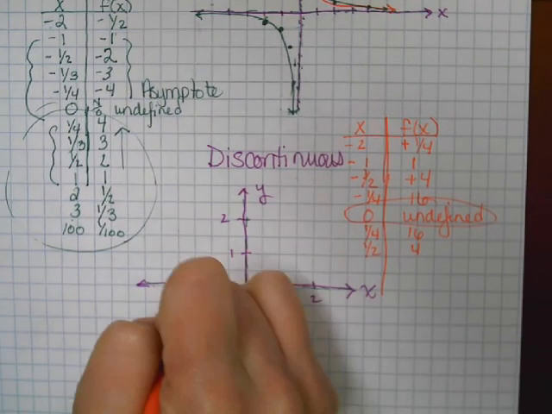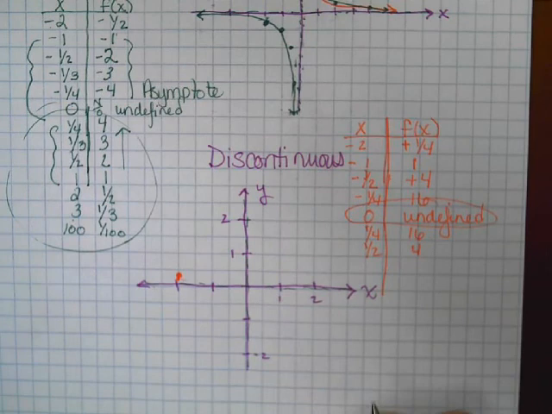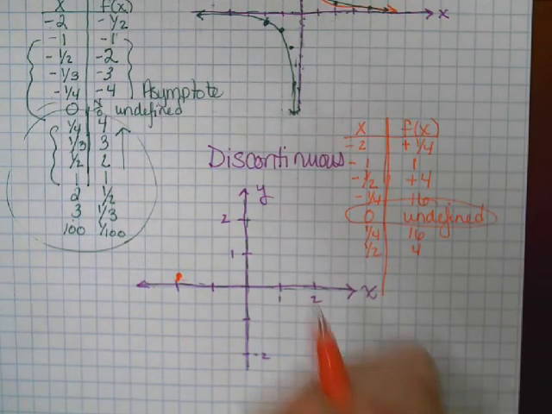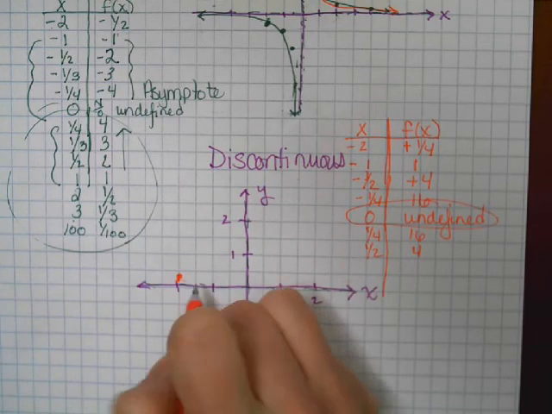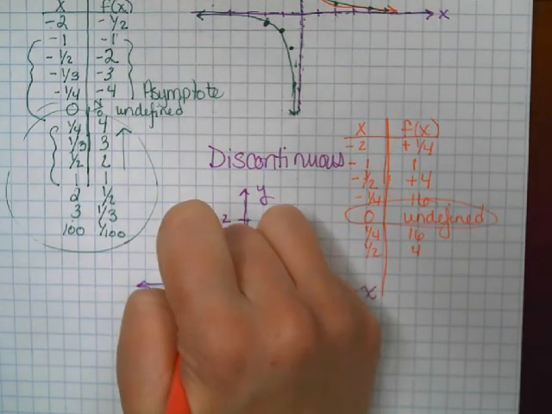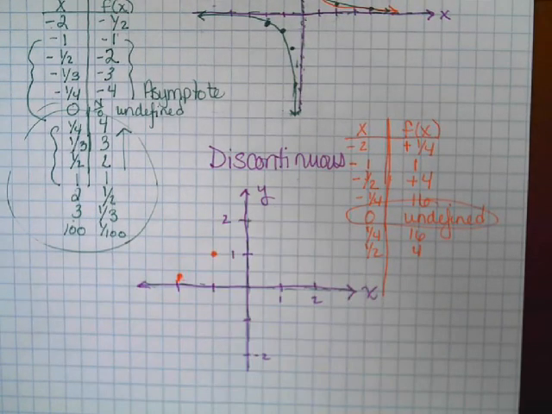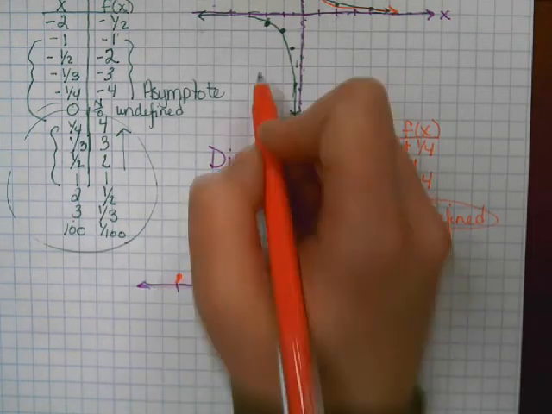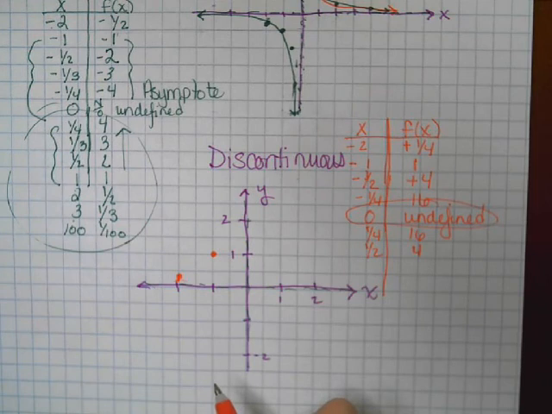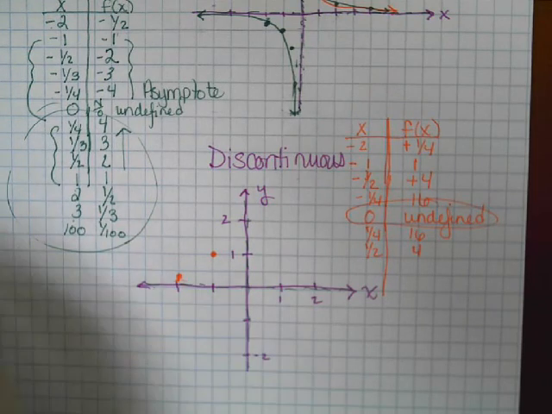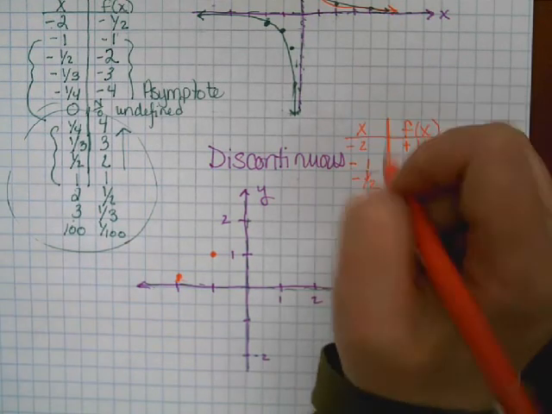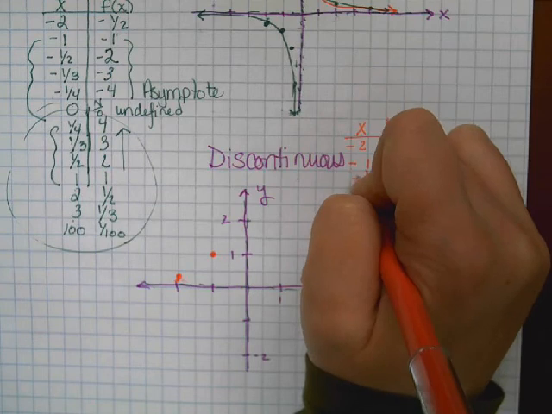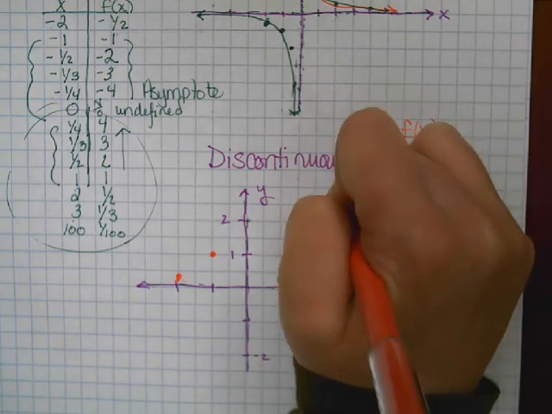When x was negative 2, y was positive 1/4. I'm sorry, if that's 1/2, then this is 1/4. All right. When x is negative 1, y is positive 1. When x is negative 1/2, I have a positive 4, which is way off the charts.